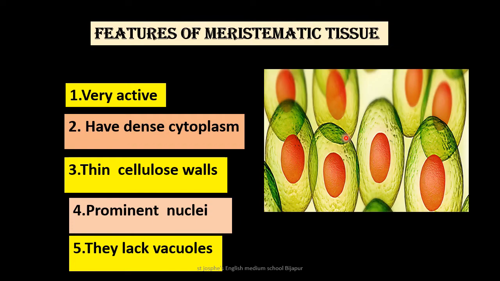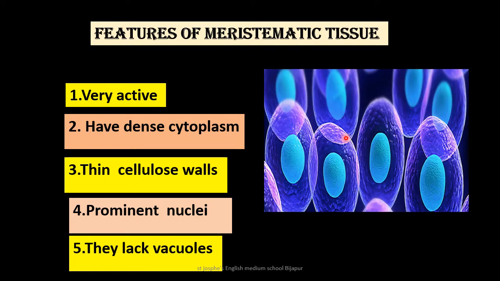If you talk about a plant cell, it has a large central vacuole. As we have studied in an earlier chapter, the fundamental unit of life, the plant cell, has vacuoles, and those are large vacuoles. But in this case, even though these are plant cells, they lack a vacuole. And why is it so?